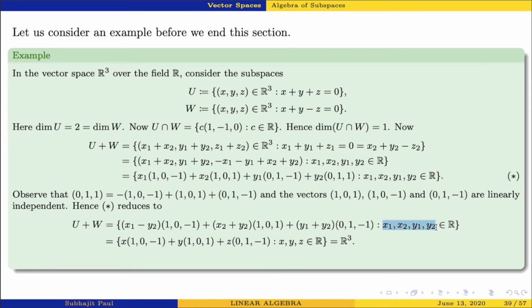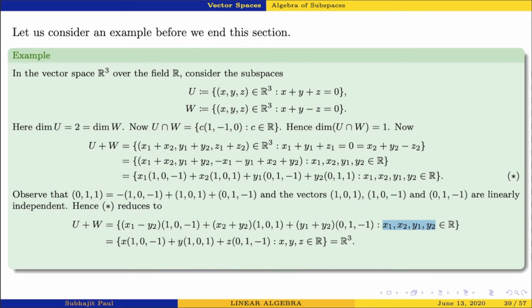Let us replace them by another set of dummy variables x, y, z. So this is x times the vector (1, 0, minus 1), y times (1, 0, 1), and z times (0, 1, minus 1), where x, y, z are varying over R. And this is nothing but R3. Okay, a three-dimensional subspace of R3, that means it is R3.